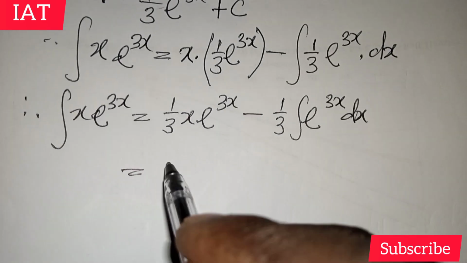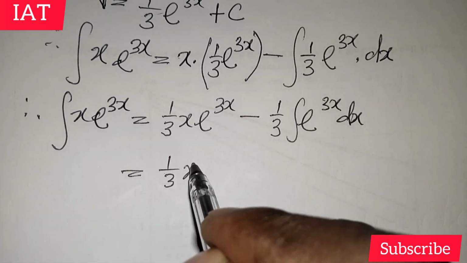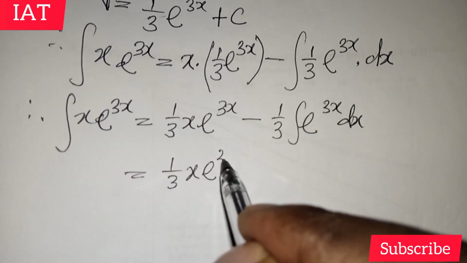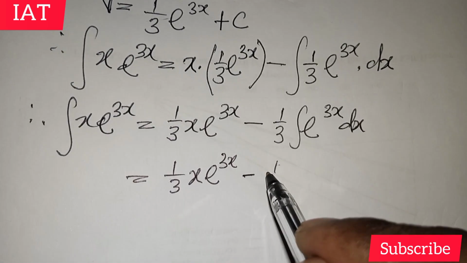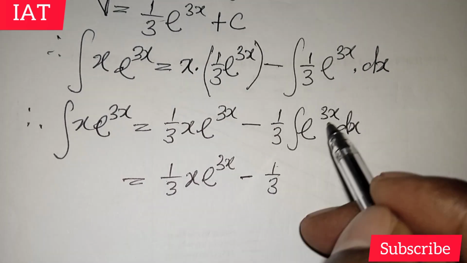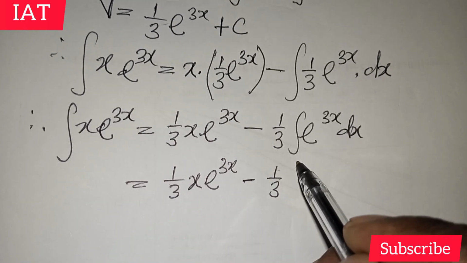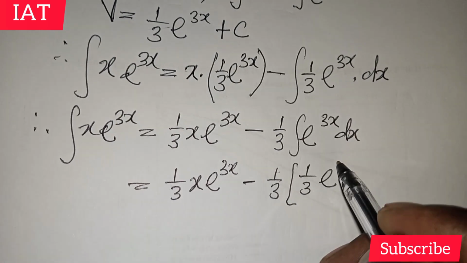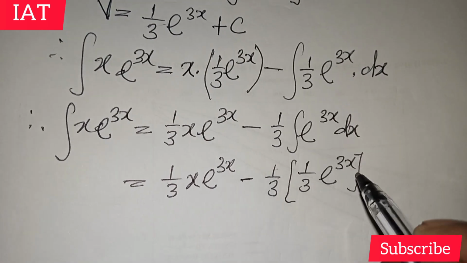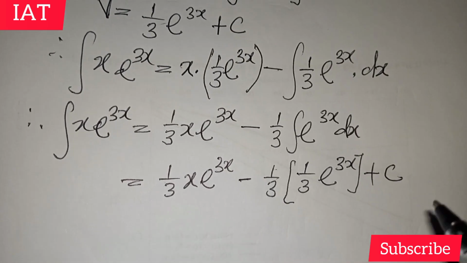This will imply that 1 over 3 x exponential 3x minus 1 over 3, if you take the integral of this using chain rule, you have this to be 1 over 3 exponential 3x plus c.